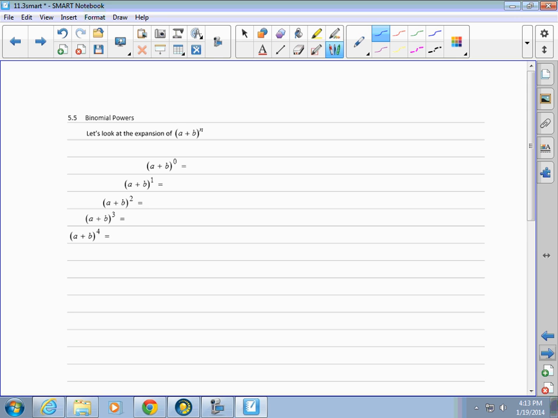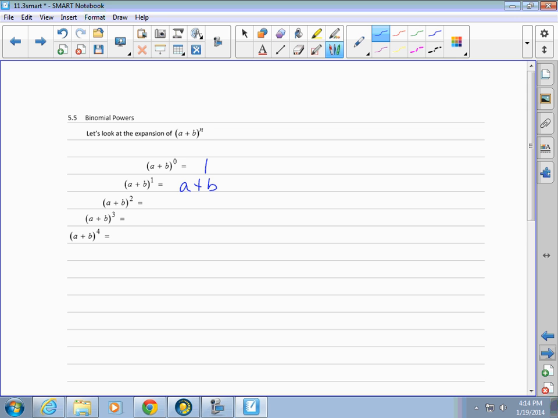Now we're going to look at binomial power. We're going to look at the expansion of a plus b to the power of n. If a plus b is to the power of 0, this is just going to be a 1, because anything to the power of 0 is a 1. A plus b to the power of 1 is just a plus b.